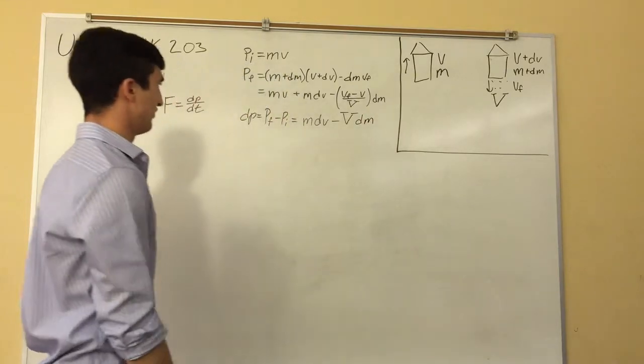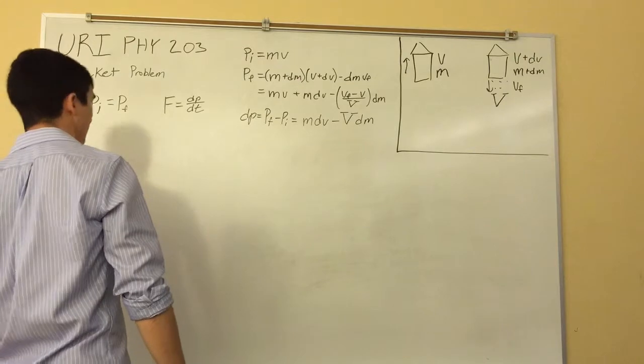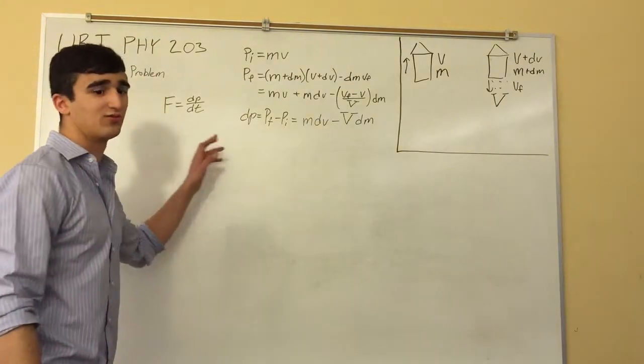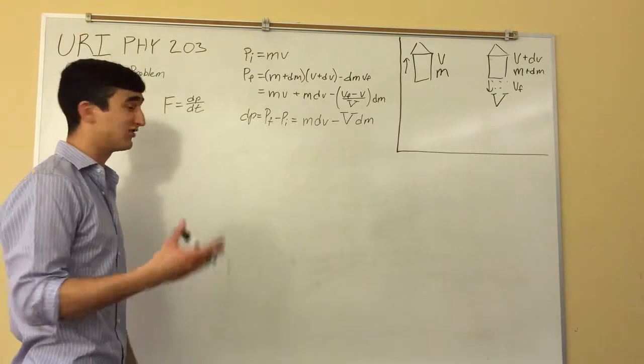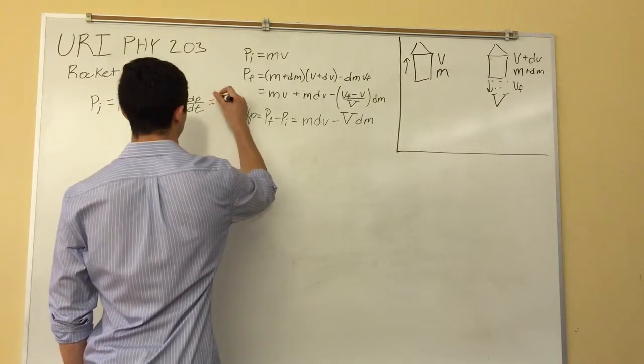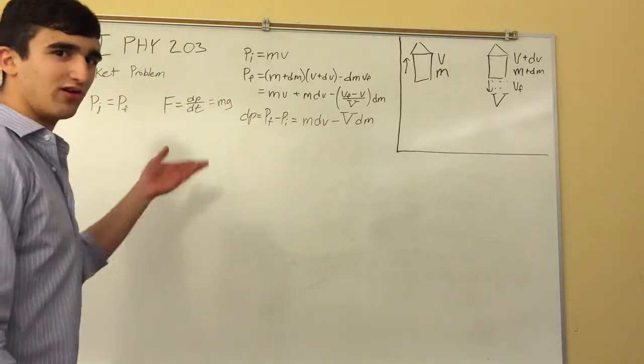Okay, there we go. So, with that being said, we can also say something else about force. What is force always equal to? ma. In this situation, the acceleration is g. So force is also equal to mg. Right? No argument there.